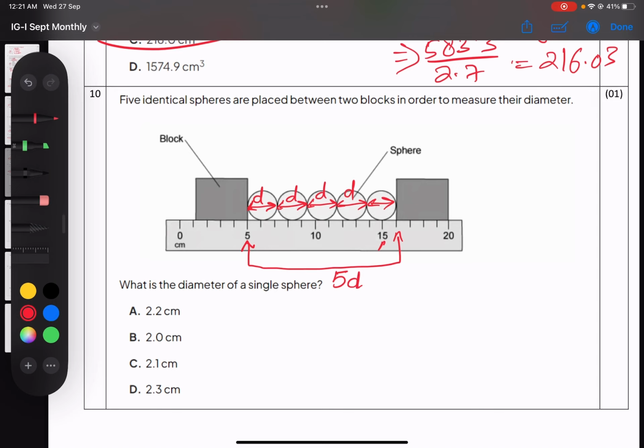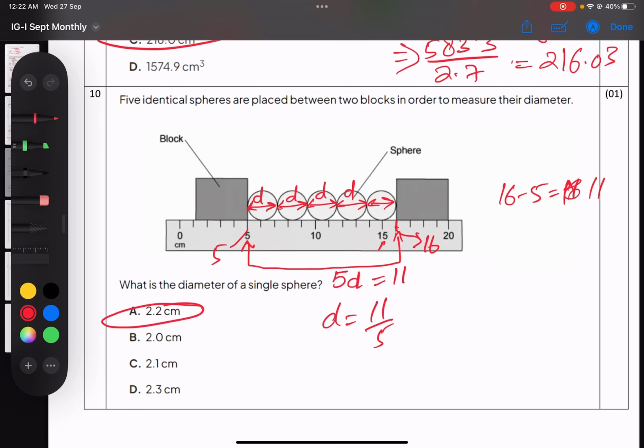This reading is 16 and this is 5. So 5d is equal to 16 minus 5, which gives you 11. So d is equal to 11 divided by 5, which gives you 2.2 centimeter.